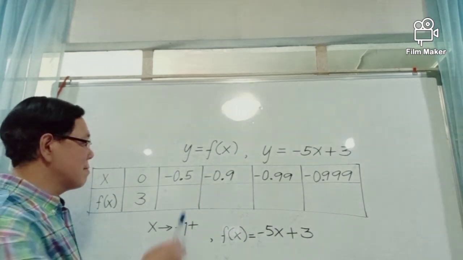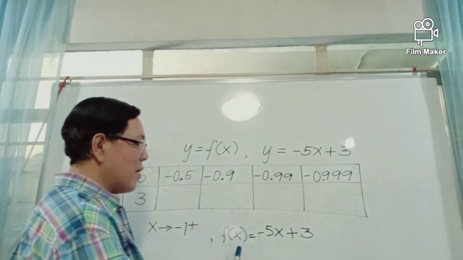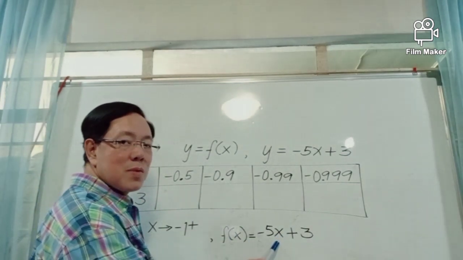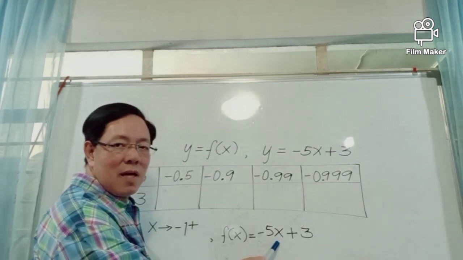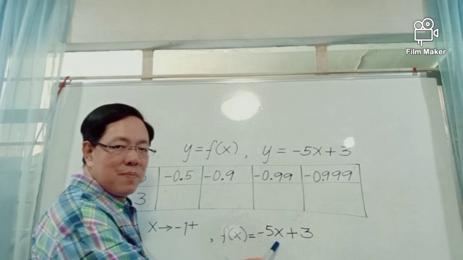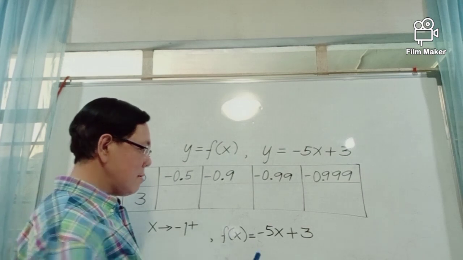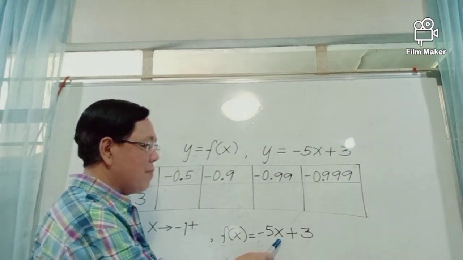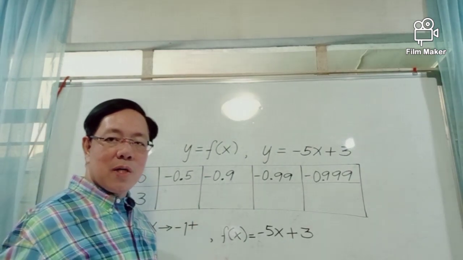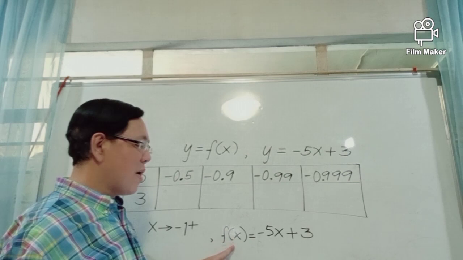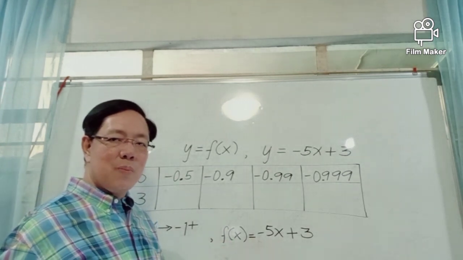Next, we assign negative 0.5 to x. In this function, you substitute negative 0.5 for x, or replace x with negative 0.5, and we get negative 5 multiplied by negative 0.5 plus 3. You may use your calculator to find the value of f of x when x equals negative 0.5.